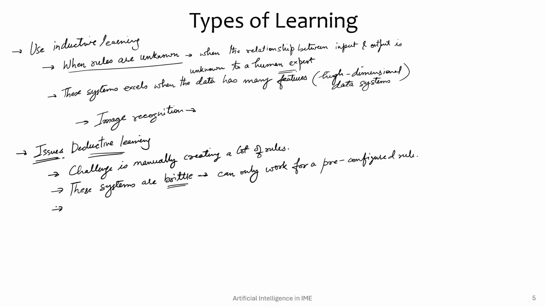Okay, and lastly, these systems are not scalable. For a very large kind of problem, we cannot create different kinds of rules because they can be infinite. So that is why we cannot use deductive learning in those cases.